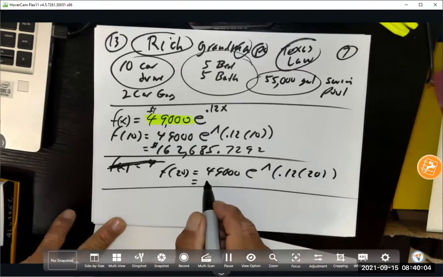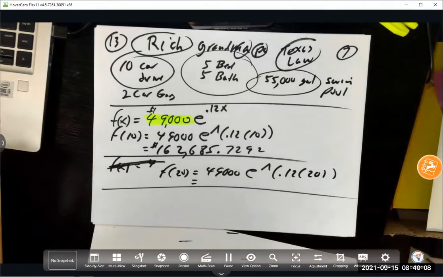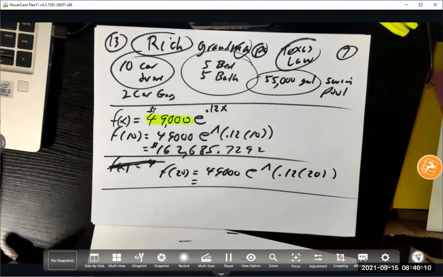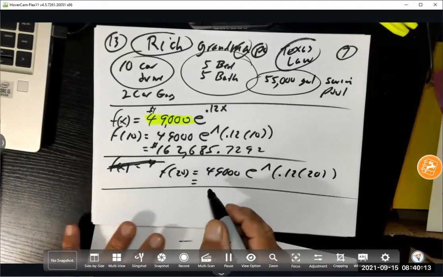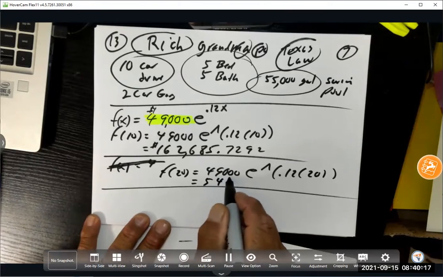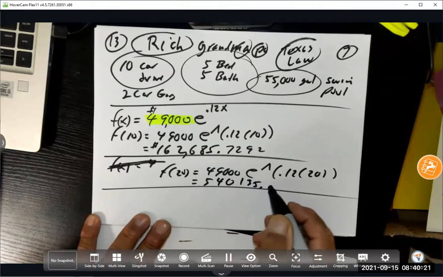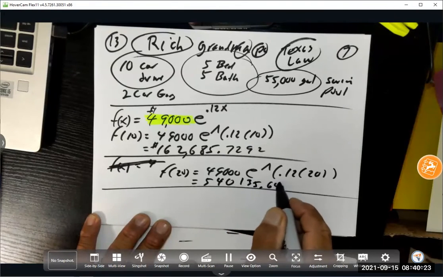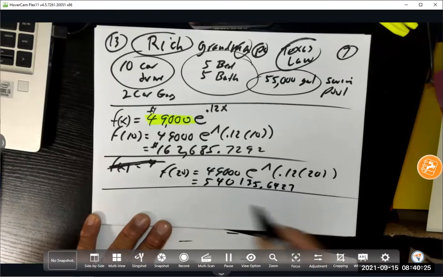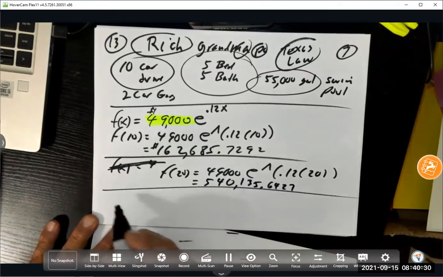Okay, it is 540,000. 135.6427. So about $500,000 for their house.